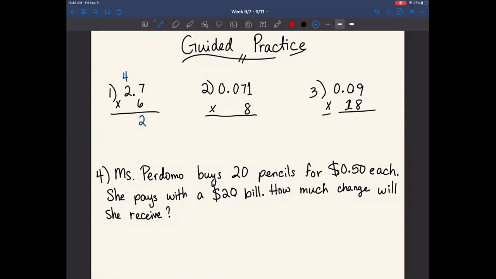Then you have to multiply 6 times 2, which is going to be 12, but then you have to plus 4, so now that would be 16. So 16. And where does my decimal go? Between the 6 and the 2. Perfect. Awesome job. See, it wasn't so bad. Okay, so who's going to do the next one?